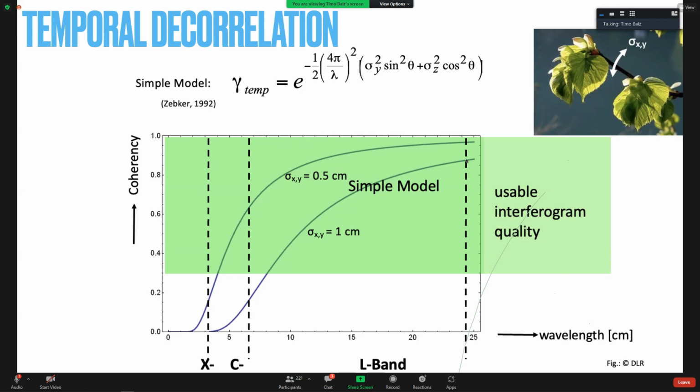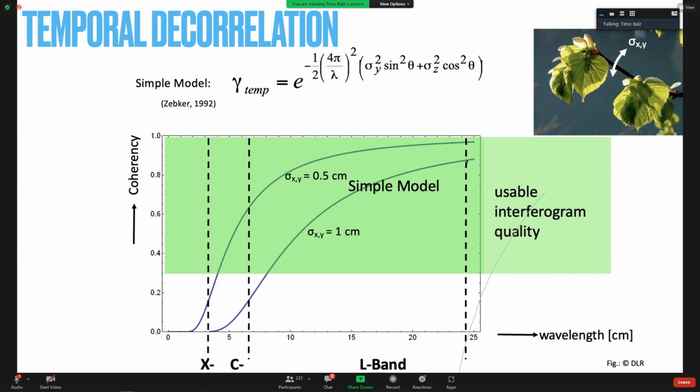Because you're going deeper in it and you get reflected from the larger twigs, the larger stem, they also move less by themselves, which also decreases your temporal decorrelation for long wavelength data.